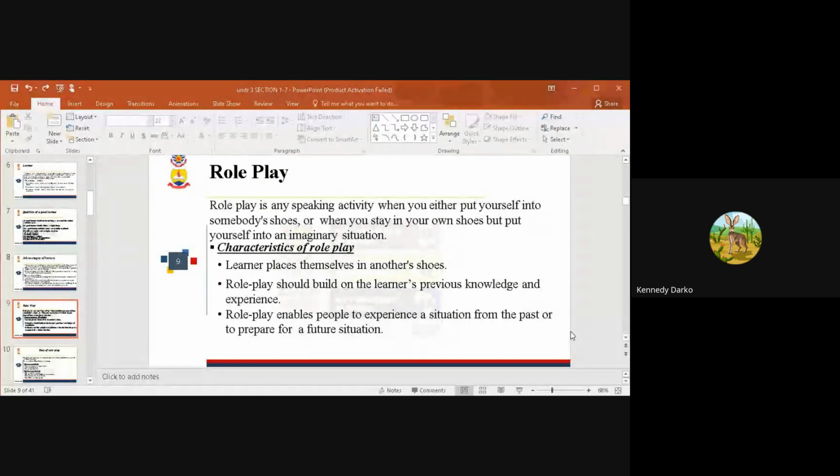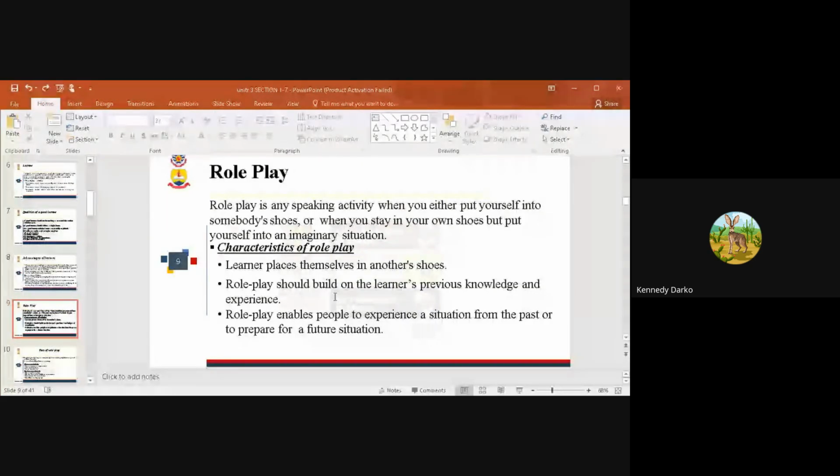Thank you. So in role play, you are putting yourself into someone else's shoes to play that particular role. Now, what are its characteristics? The learner places themselves in another's shoes. Role play should build on the learner's previous knowledge and experiences.